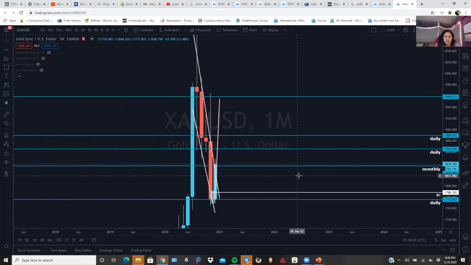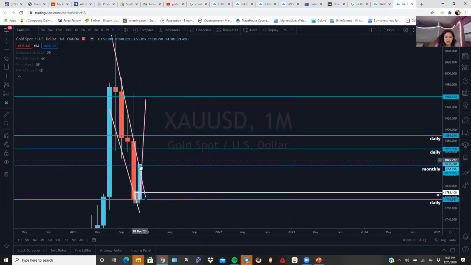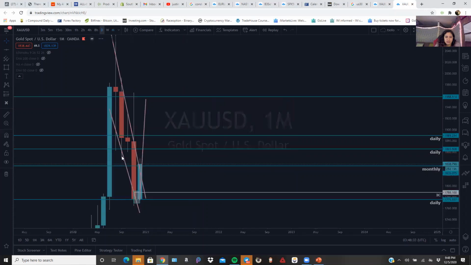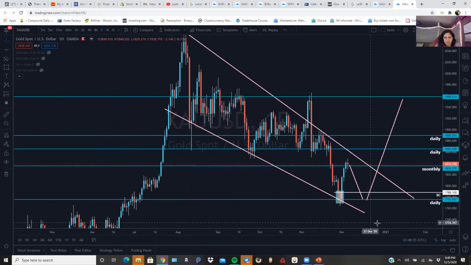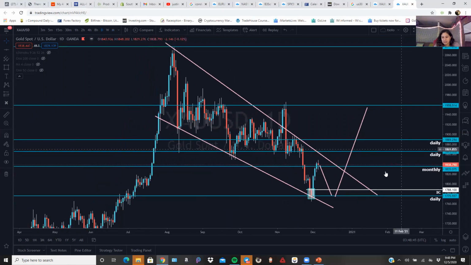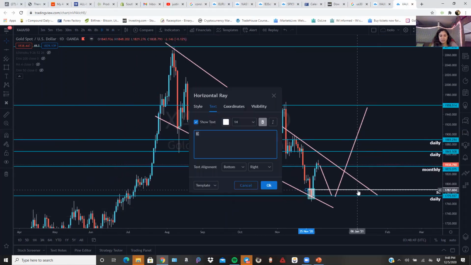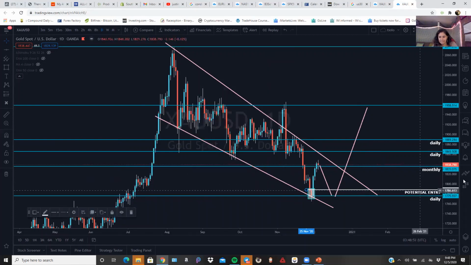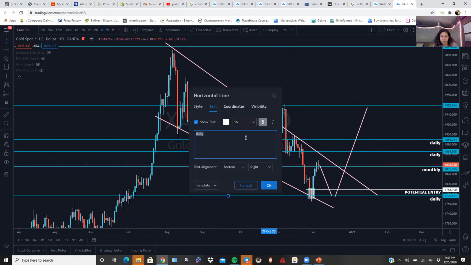But I would definitely like to see some sort of retrace first back into this, and then a nice push up into the market. Let me go ahead and label this potential entry. Daily support. And I'll drop this in the chat. Anything else, family?